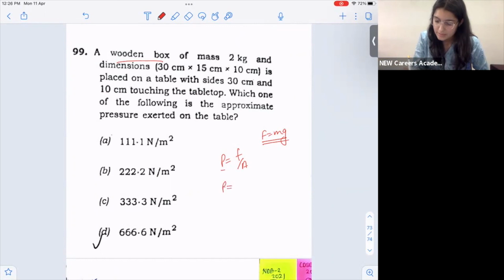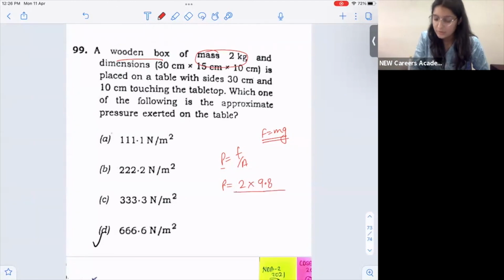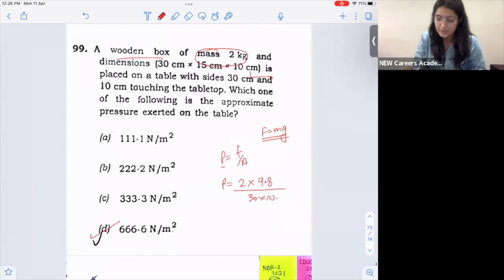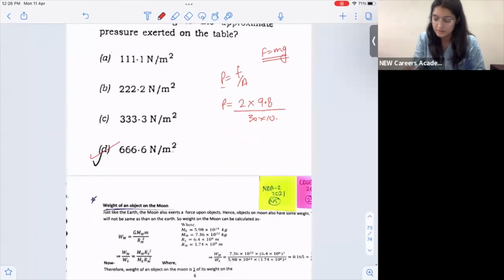This would be 2 into 9.8, or we can take it as 10 also. What would be the area? We need to convert, so it would be L into B, and also convert centimeter into meters. Solving this, we get pressure as 666.6 Newton per meter square. Option D is the correct answer.